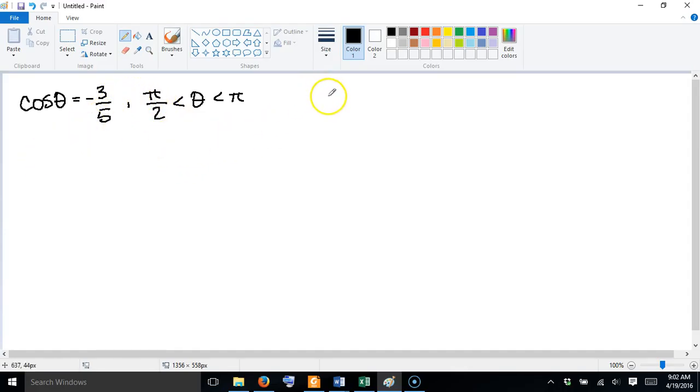Okay, so let's find sine by using the Pythagorean identity. I'm just going to write it out a little bit differently. It's going to be the plus or minus square root of 1 minus your cosine value, which is negative 3 over 5, squared. And since we're in quadrant 2, sine value is going to be positive, and we're going to have sine of theta equaling 4/5.